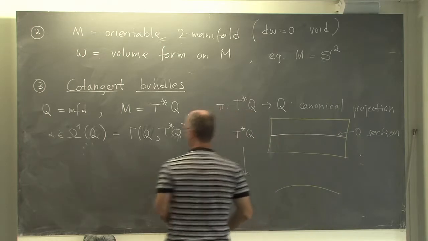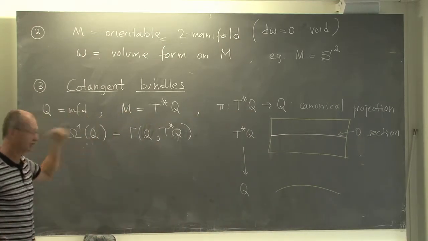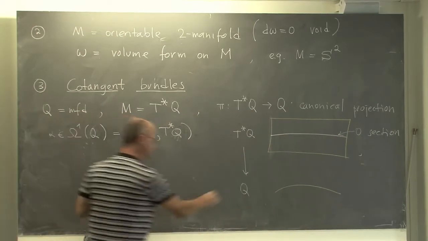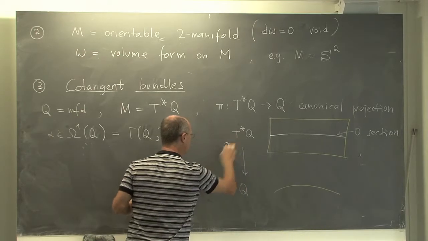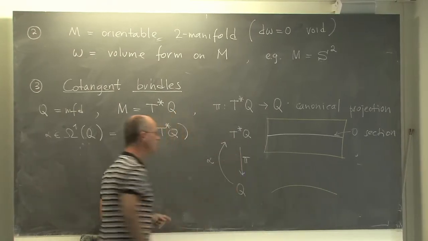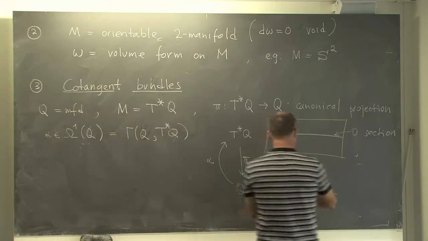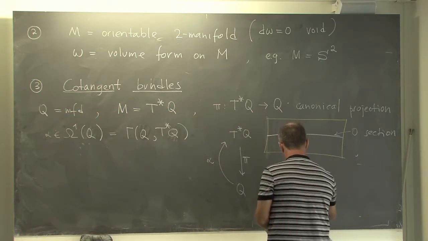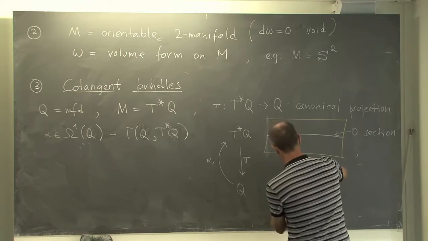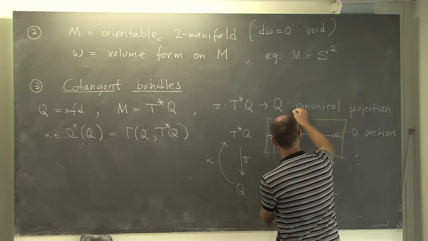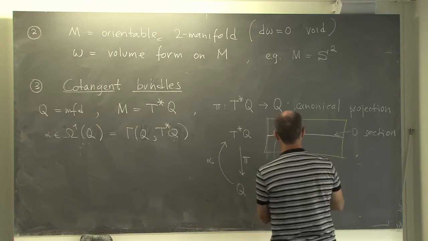Zero section. Now, what is this alpha? If you think of it geometrically, alpha is a map which goes from Q to T star Q. So for instance, if you take a point q here, that's the fiber over q.